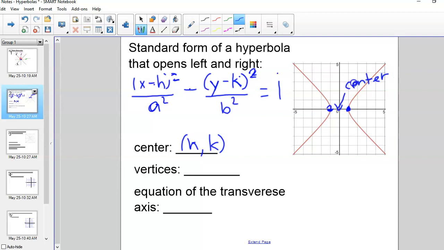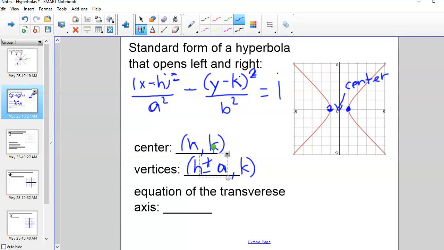We would need to go to the left and to the right, however far the vertices are away. We can find that by taking the square root of a squared. So our vertices are going to be at h plus or minus a, and then we don't go up or down any, so the k is just going to stay the same.